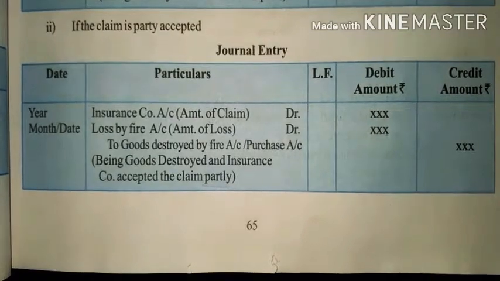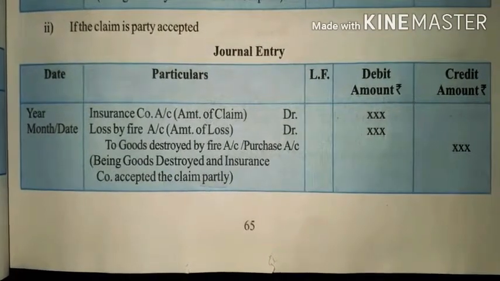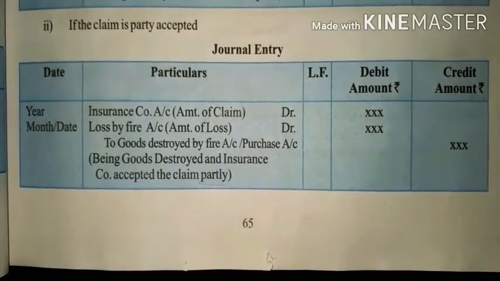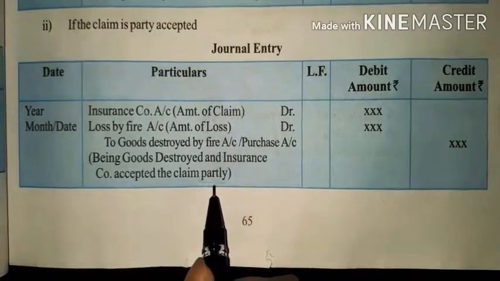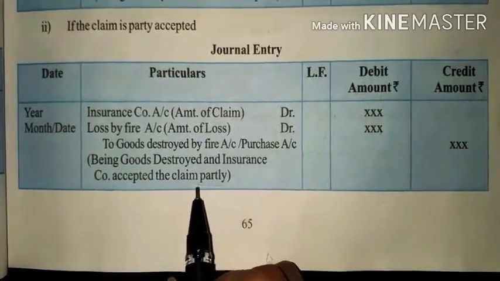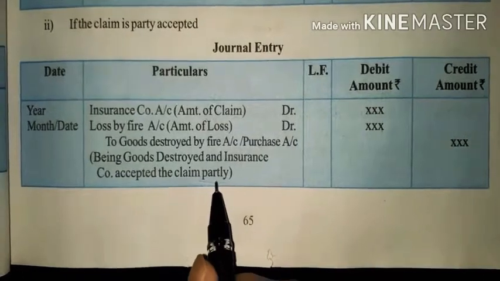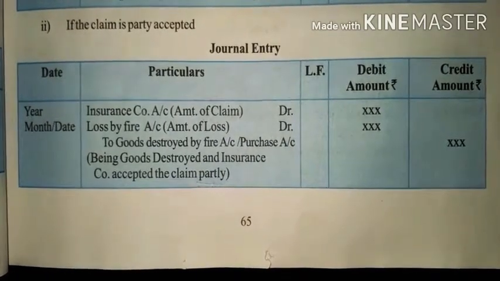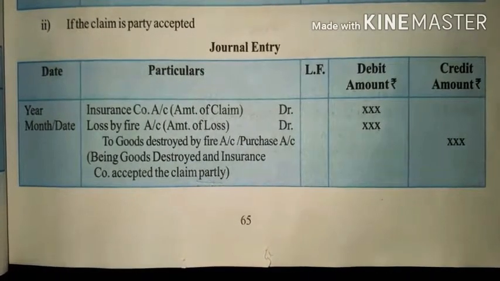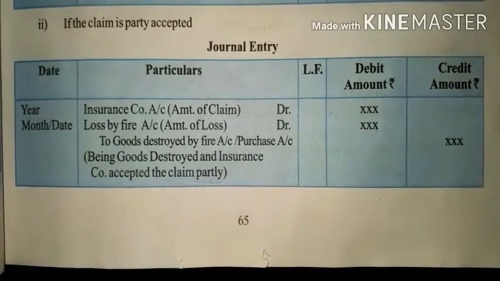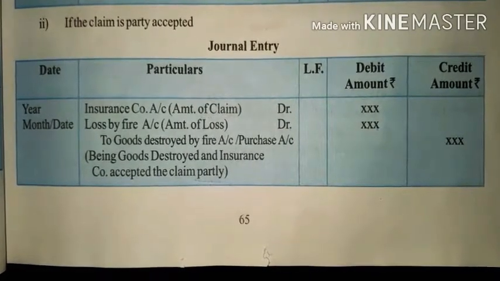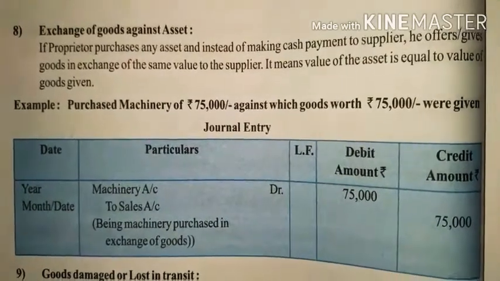This is very important. That describes your type of transaction. If it is full, you have to write down fully. If it is partly, you have to write here partly. If it is quarterly, you have to write here quarterly. So narration also plays a very important role for the evidence of your transaction.